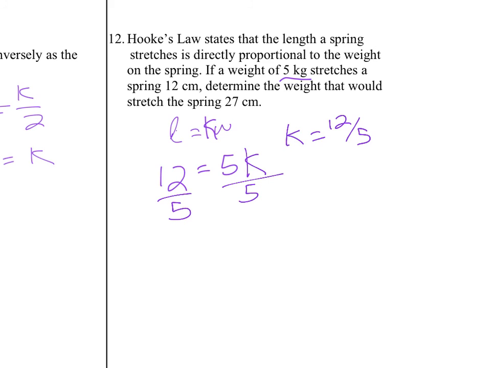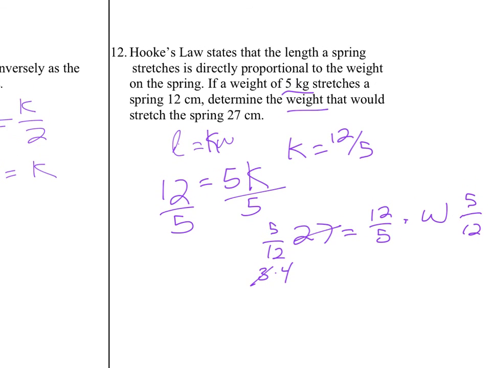All right, so determine the weight, W, that would stretch a spring 27 centimeters. All right, so I'm going to multiply both sides by the reciprocal. Okay, so this is 3 times 4. That would turn that into 9.